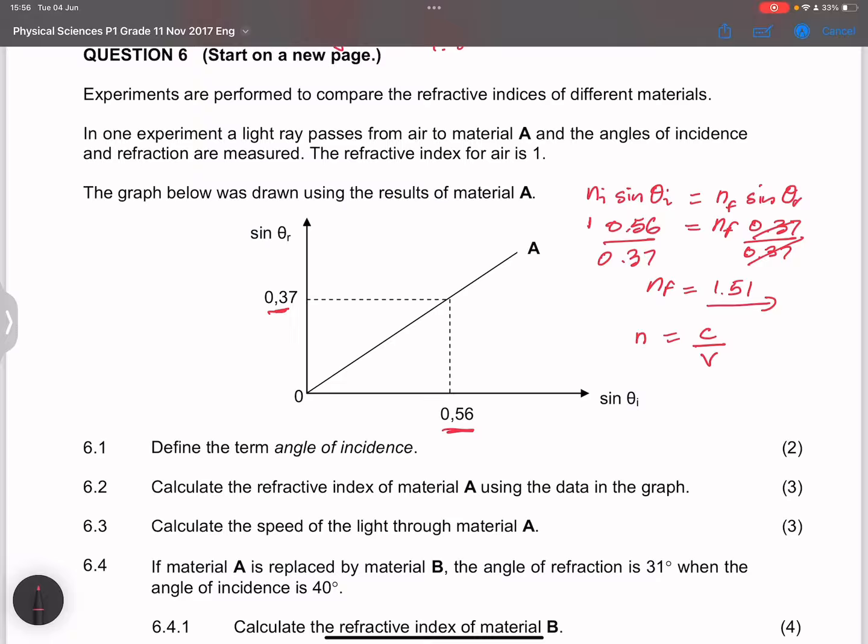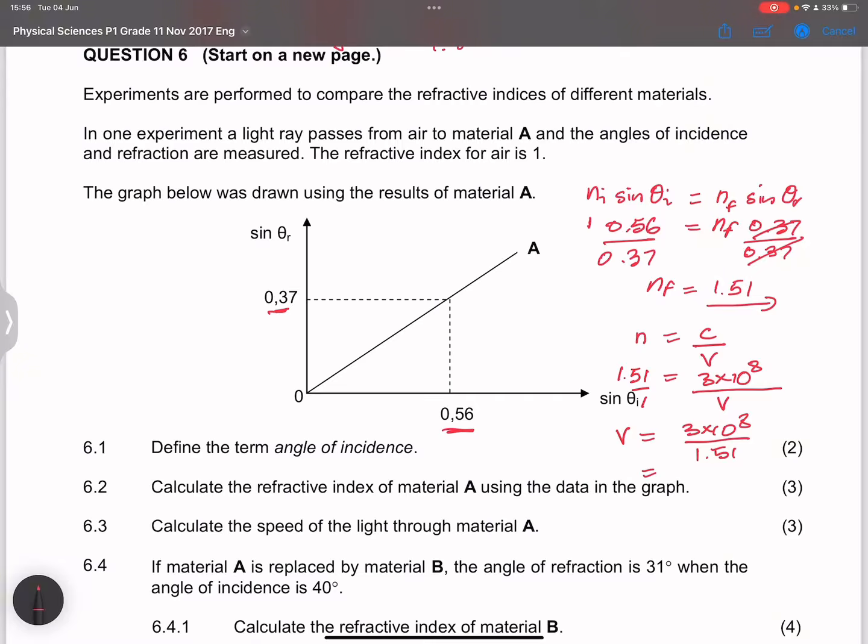So we know this is going to be 1.51. c is the speed of light, so that's 3 times 10 to the power 8. And our v value, this is what we are looking for. And all we simply are going to do is just cross multiply. So v would be 3 times 10 to the power 8 divided by 1.51.